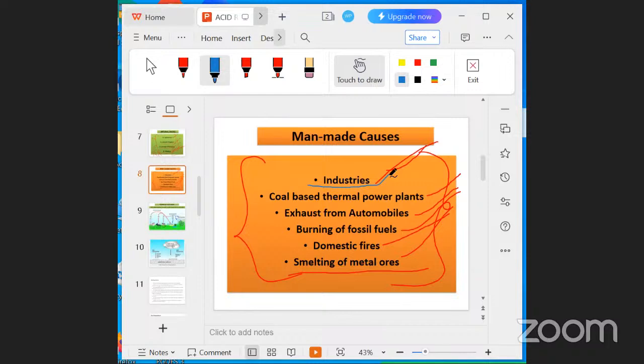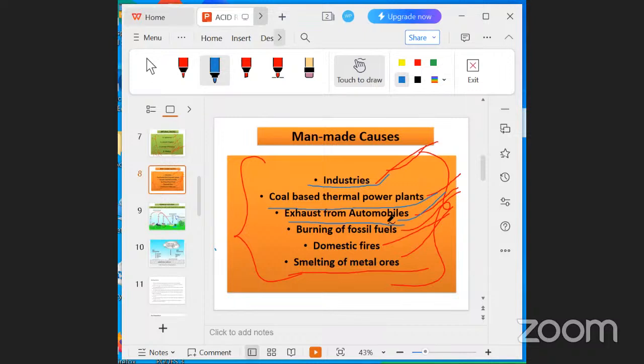Those are the primary contributors to acid rain. And coal-based thermal power plants again emit sulfur and nitrogen oxides also. And exhaust from automobiles. This is also very important. This is again something related to fossil fuels, right? These fossil fuels.